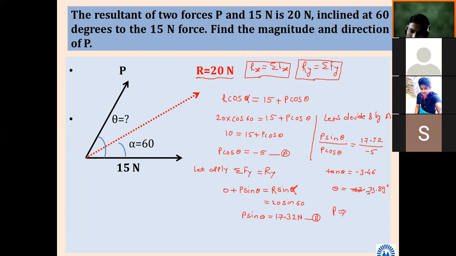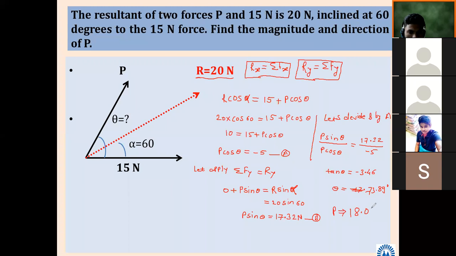Any other answer? 18.01, correct. It is 18.01, with a 1 at the end. So this is the correct answer for force P.